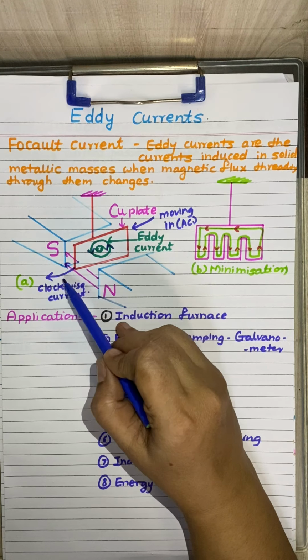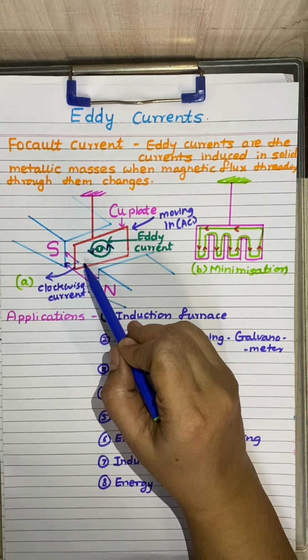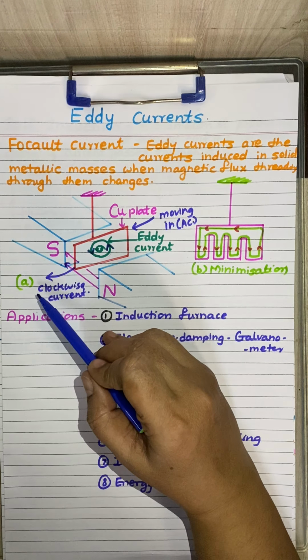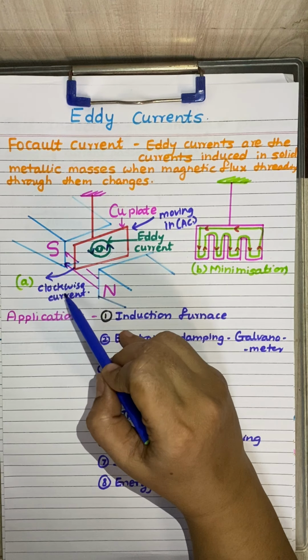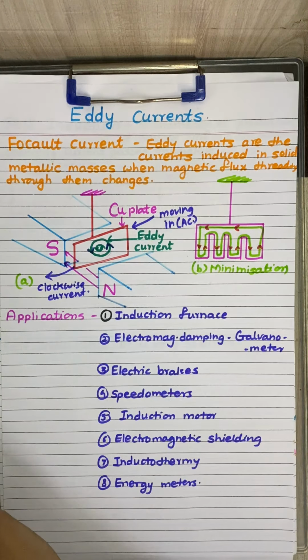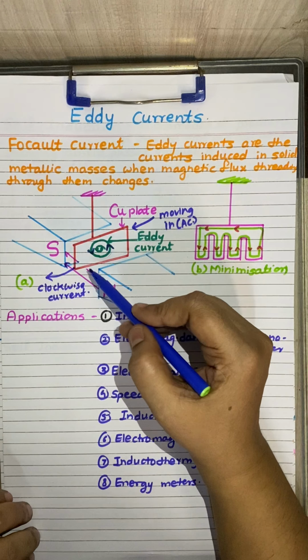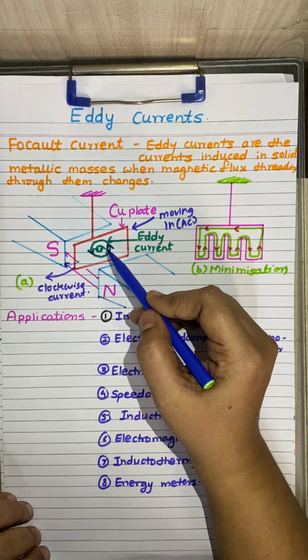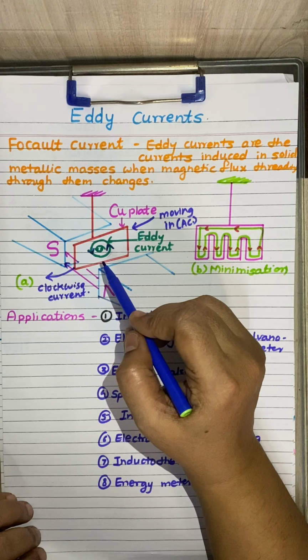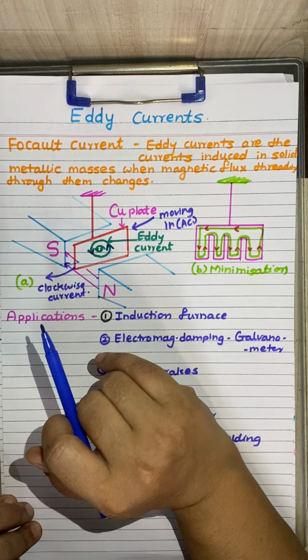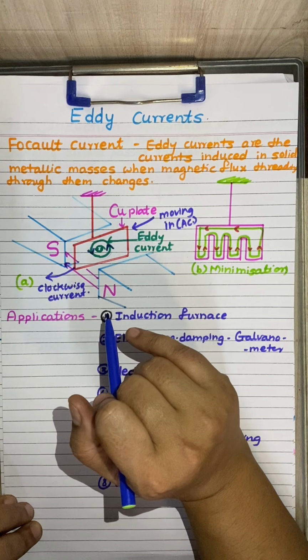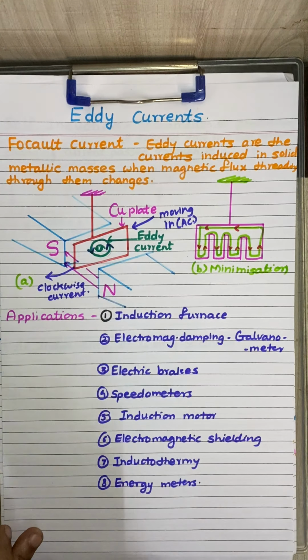So to oppose the decreasing flux, the current has to flow in the opposite direction. Now the current will become clockwise. So it is just like a whirlpool, sometimes clockwise, sometimes anti-clockwise. These currents are generated due to the free electrons inside that metallic plate, and are called eddy currents. They are also called Foucault currents.